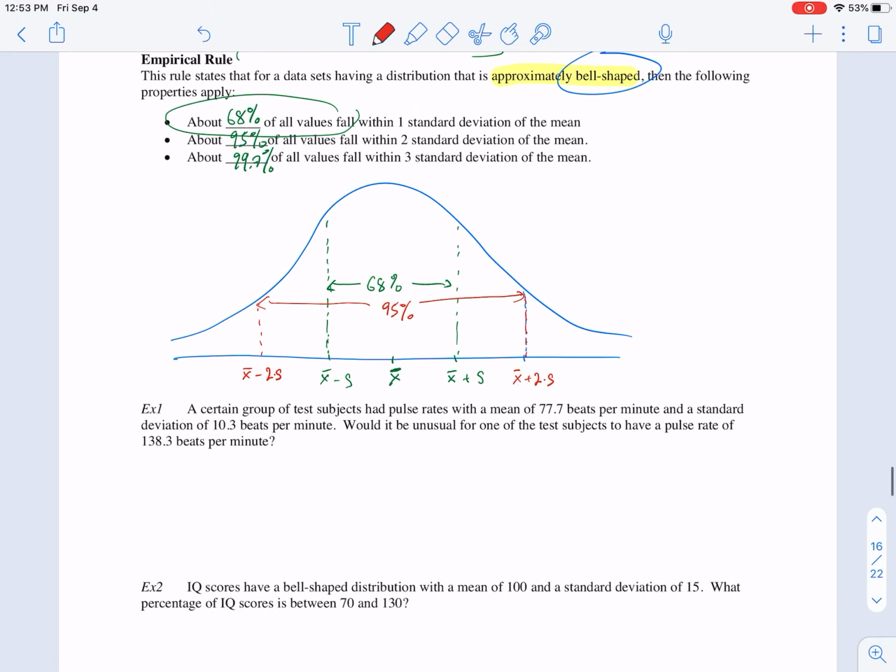And if we go one more, X bar plus 3 times the standard deviation, X bar minus 3 times the standard deviation. Okay.